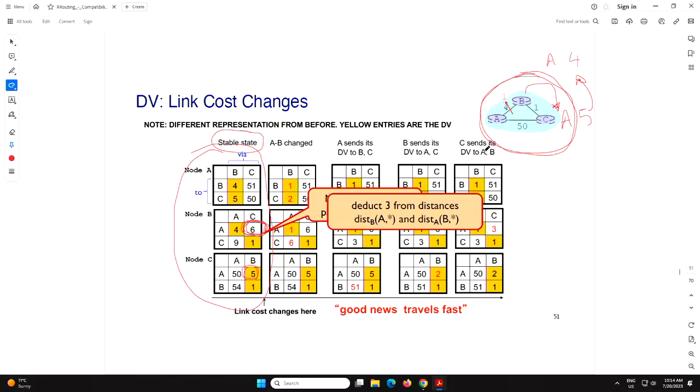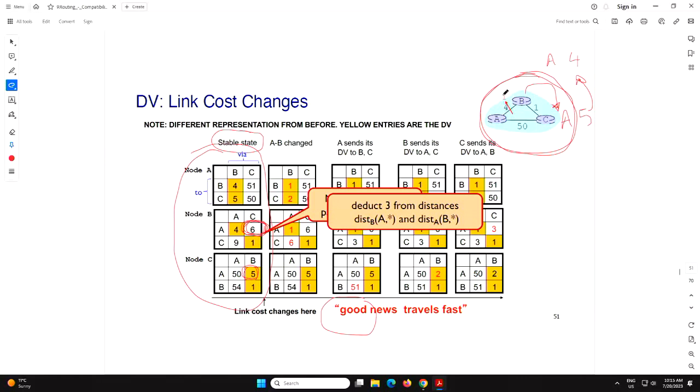But first I want to show you that sometimes there is no problem. In this particular case, we have good news. What is good news? The cost has decreased. This link has improved. Instead of 4, it's now 1. So it means that the congestion has been relieved.